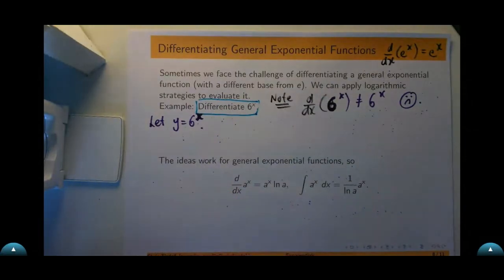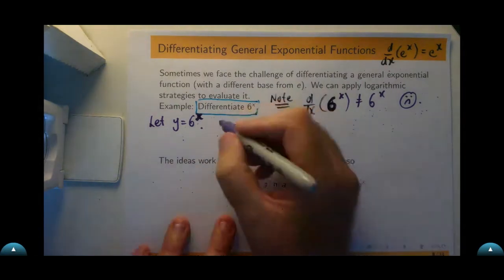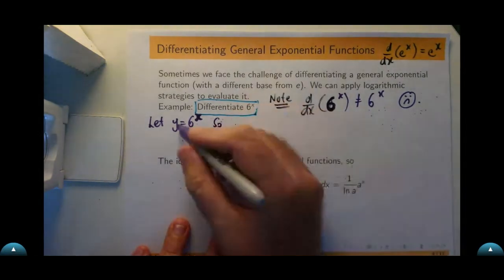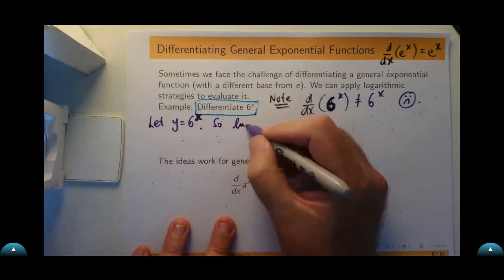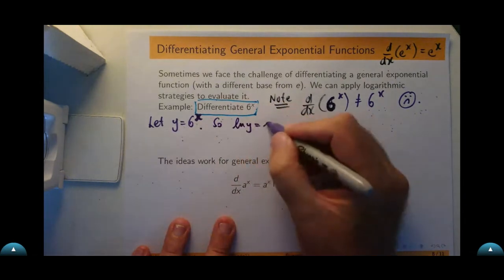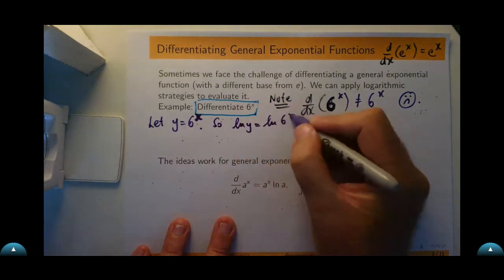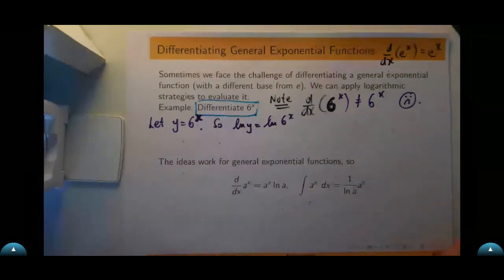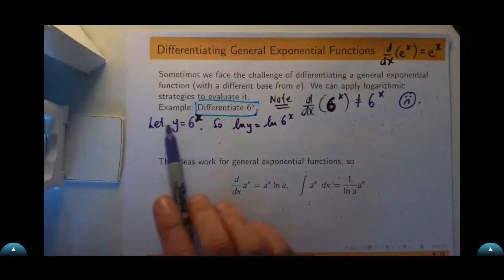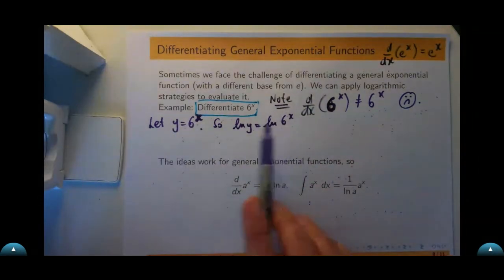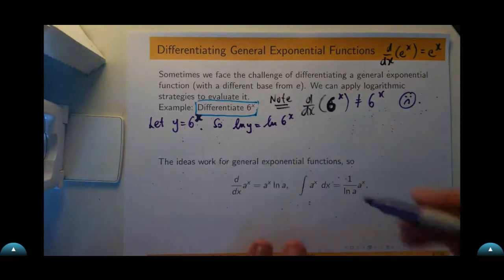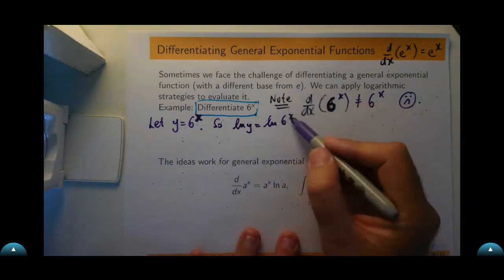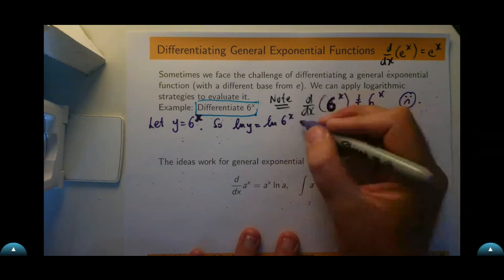That's right, Steve, that's why e is a magic number. So if I take the natural log of both sides, I'll get this. Now, using the logarithm laws, the power comes to the front.